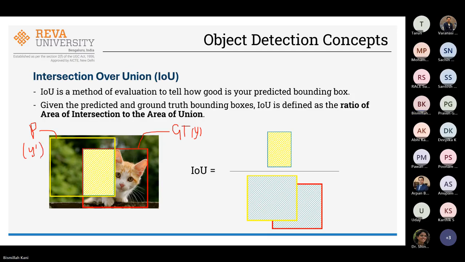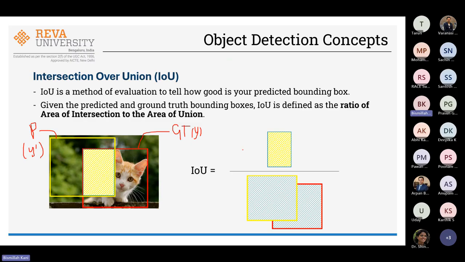Now I want to compare Y and Y hat. If it is able to identify the predicted image, that means the value of IOU will be higher, close to 1. It's a very key metric in object detection.